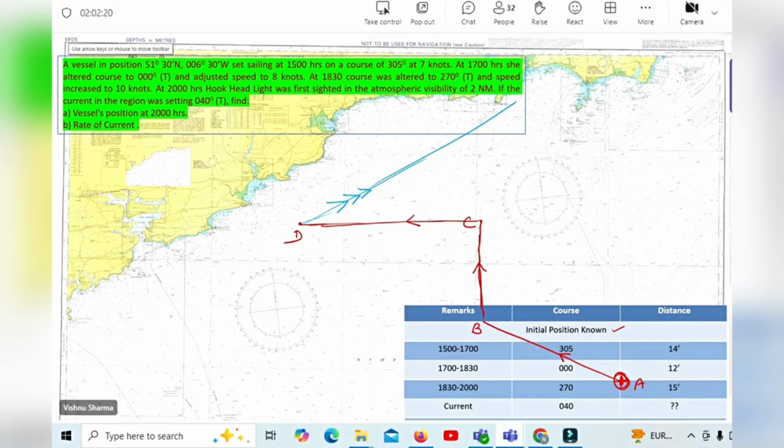Here is the Hook Head Light. I can find the first sighting range, guys, in visibility of 2 nautical miles. Correct. And now I'll open my compass equal to the first sighting range. I'll put it at Hook Head, and wherever it crosses this line, this will be the 2000 hour fix. Yes or no? Am I right?